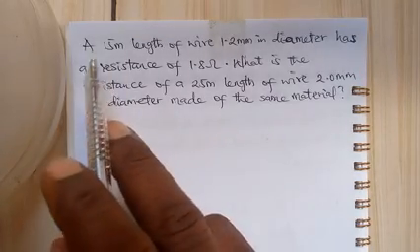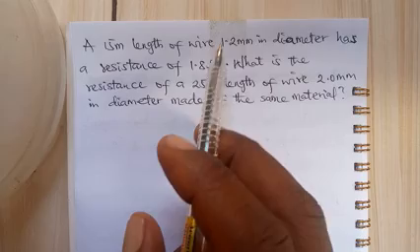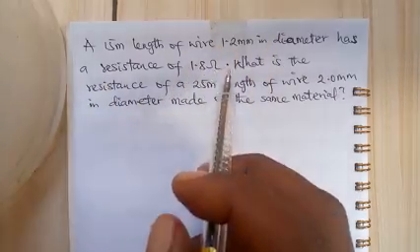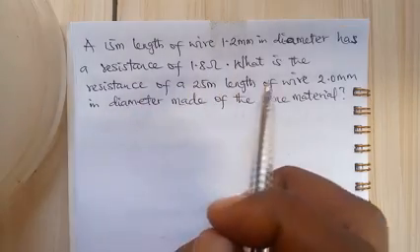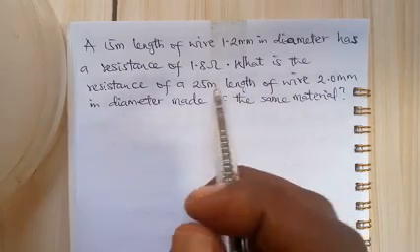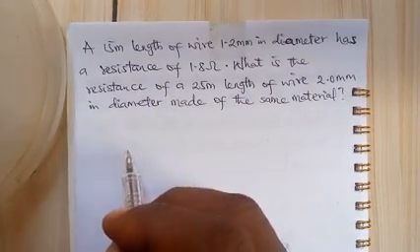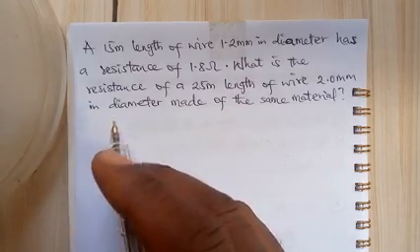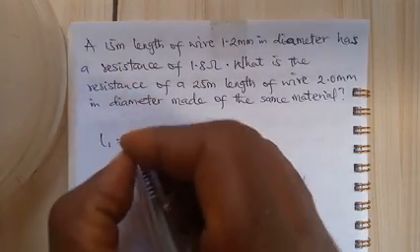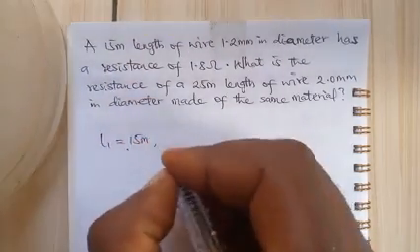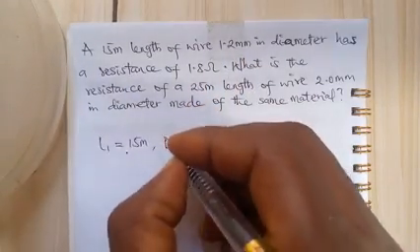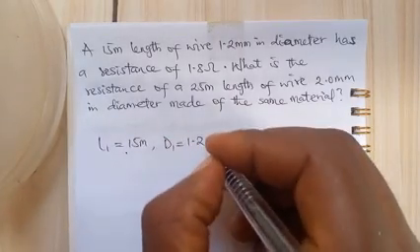Now this question says a 15-meter length of wire 1.2 millimeter in diameter has a resistance of 1.8 ohm. What is the resistance of a 25-meter length of wire 2.0 millimeter in diameter made of the same material? The first thing we can do here is to bring out the parameters given to us. The first length L1 is 15 meter. The first diameter D1 is 1.2 millimeter.